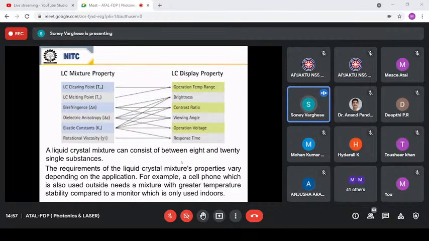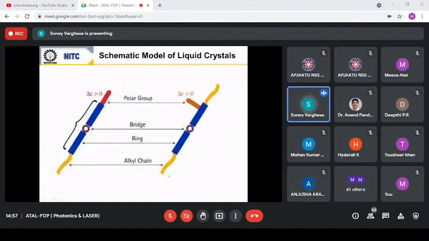I think more than 20 different fragrances may be blended to form a perfume. Similarly, in this case, at least 6 to 8 or 10 different liquid crystal molecules will be mixed in different proportions to attain these display properties, right? So it's not a single molecule, it's a mixture.